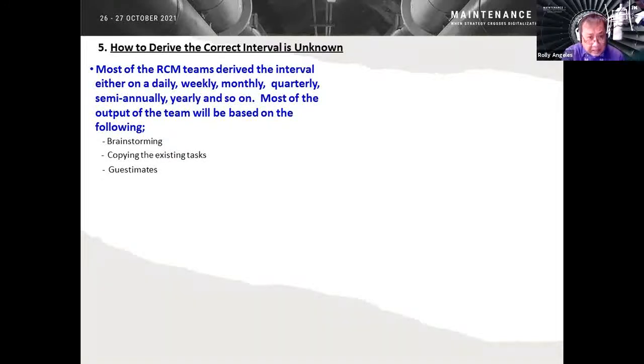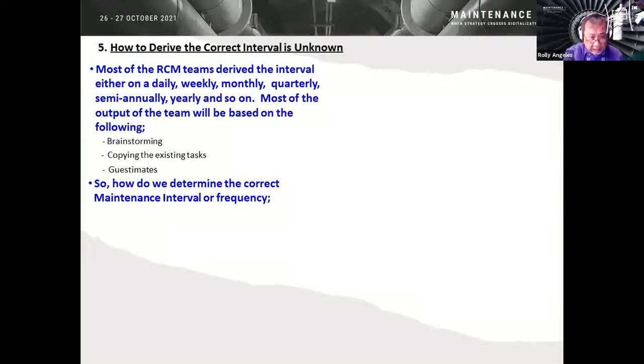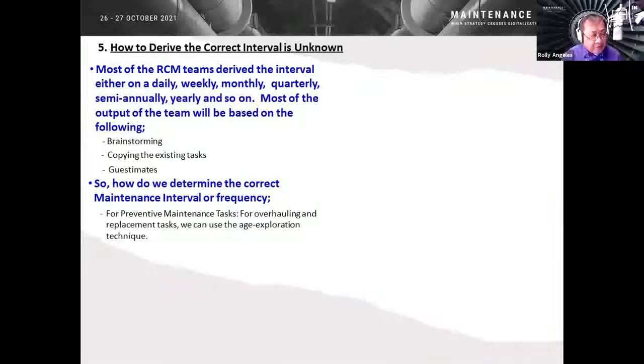So when we select the interval, for example, if we talk about preventive maintenance overhaul, we can use the age exploration technique or age exploration method for conducting an overhaul or replacement.